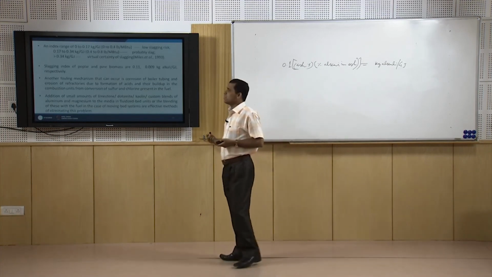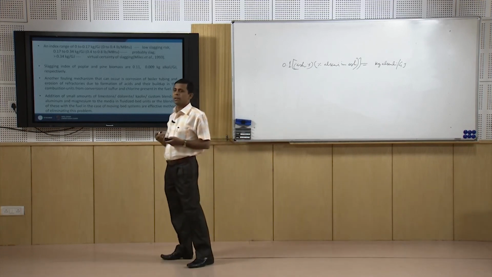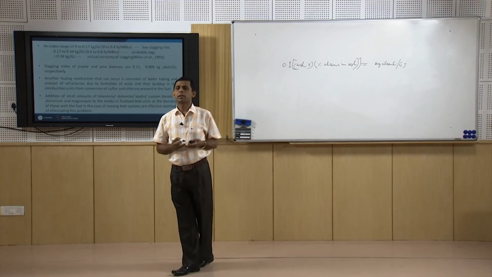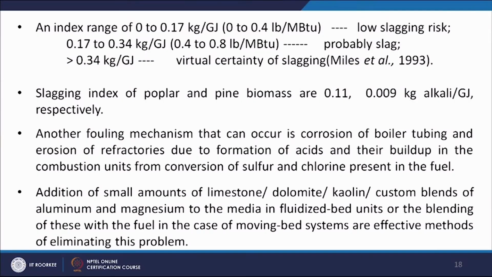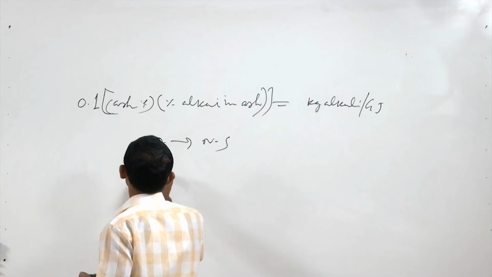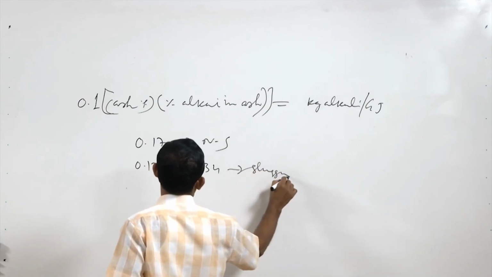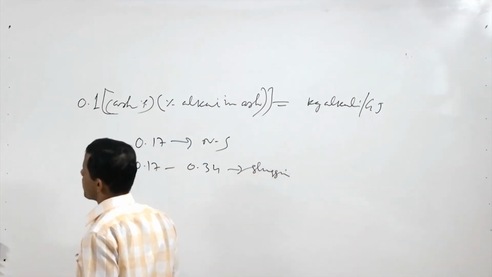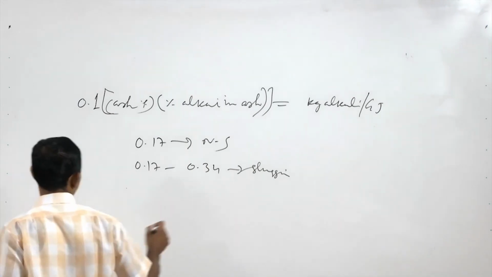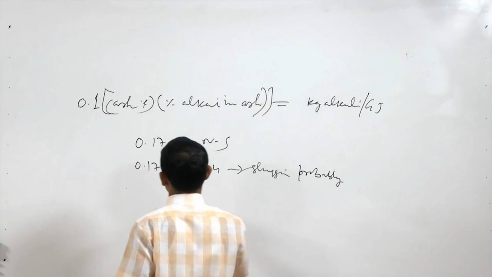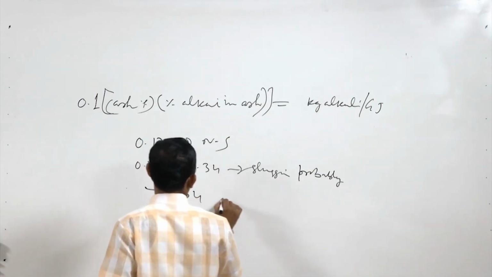An index range 0 to 0.17 kg per gigajoule indicates that the material is not slugging at all. So, 0.17 is non slugging, 0.17 to 0.34 is probably slugging, but if it is greater than 0.34, slugging.